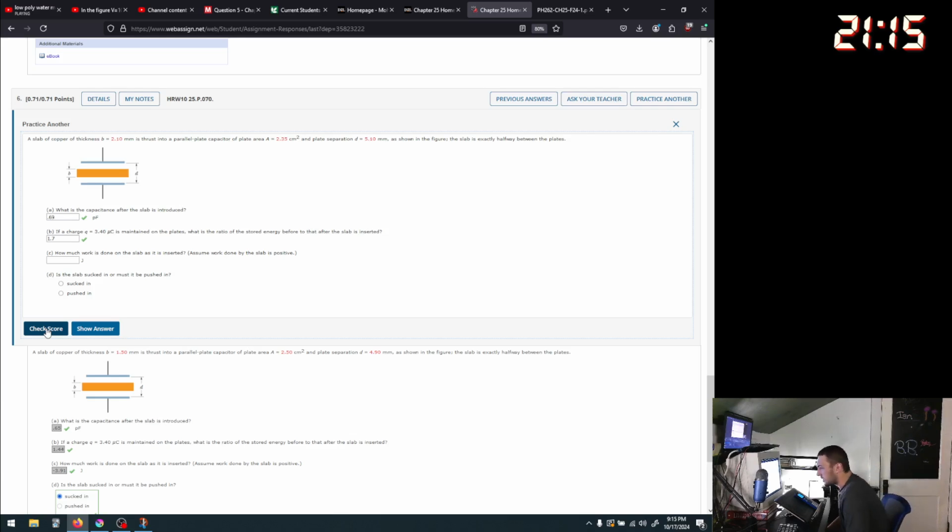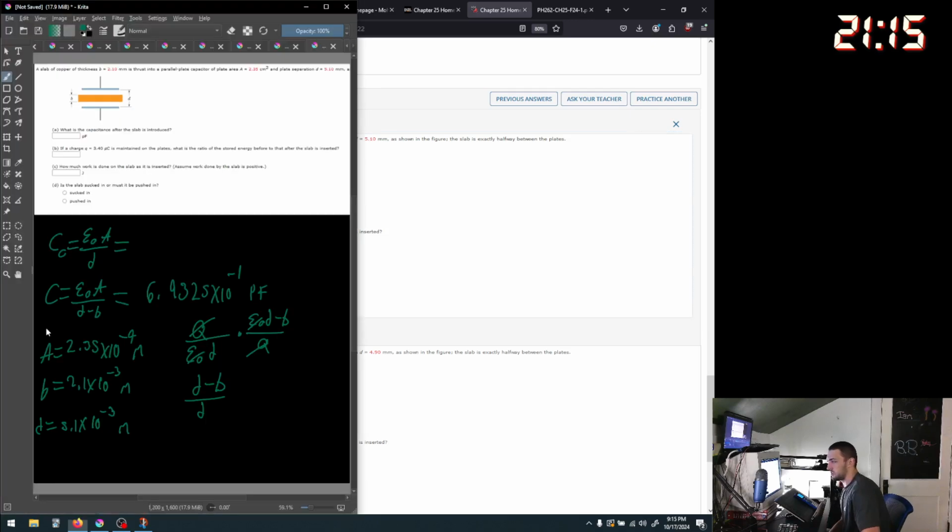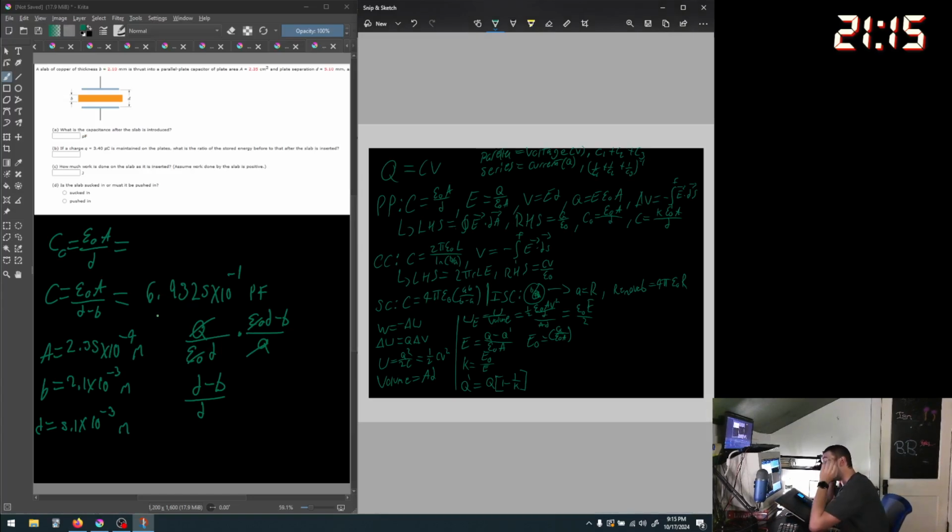Okay. Now how much work is done on the slab as it is inserted? Work is, oh boy, change in U, and U is Q squared over 2C.